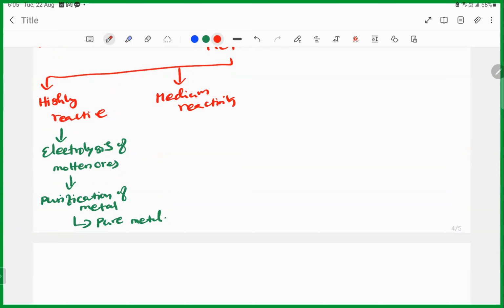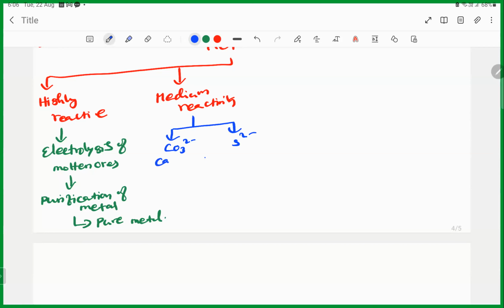So first, what is the step taken now? Based on the medium reactive metal, whether it is a carbonate ore or sulfide ore. If it is a carbonate ore, it can be calcination. So what is calcination? Calcination, the ore is heated to a high temperature in the absence of air.